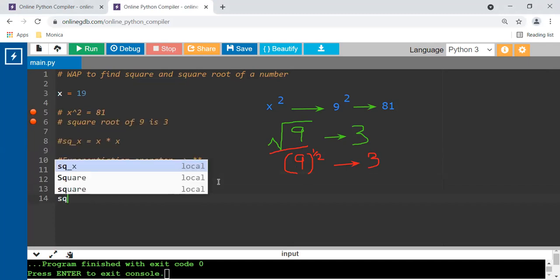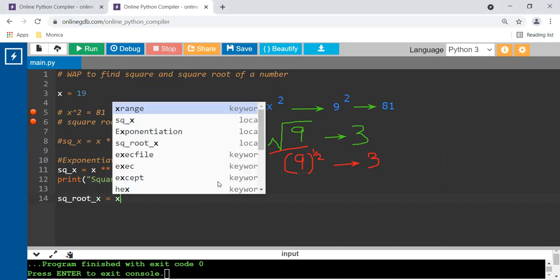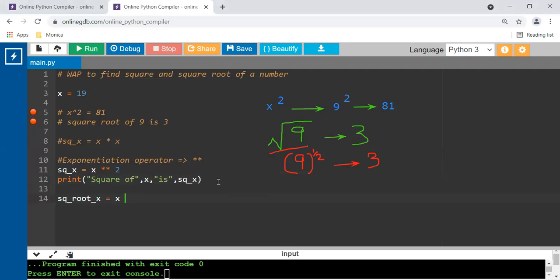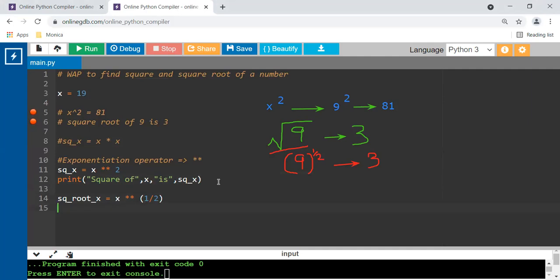So let's create a variable to store the square root. Let's say square root of x is nothing but x raised to half. So here I can write x asterisk asterisk, raised to half, 1 by 2. And then I'll print the value of square root.